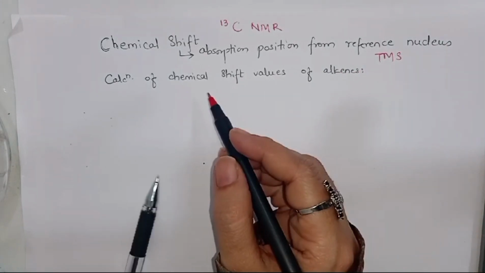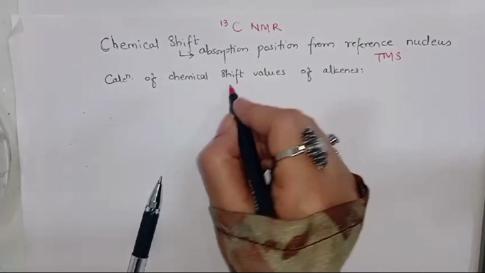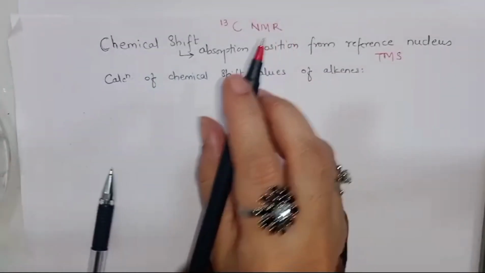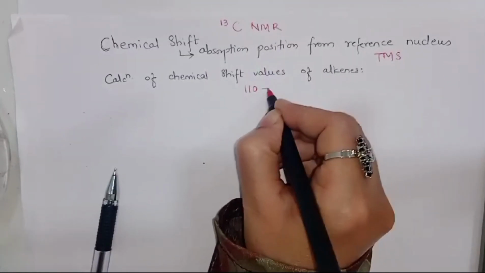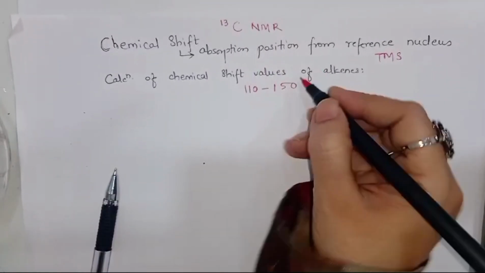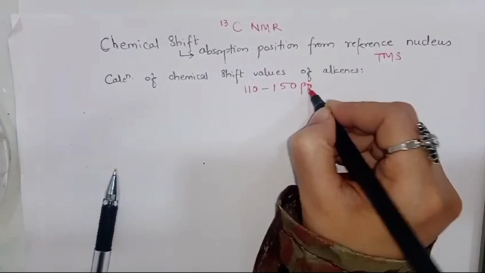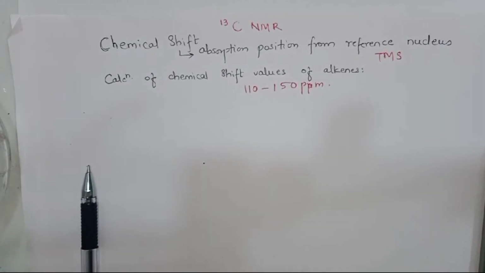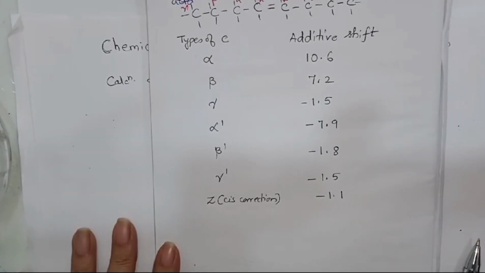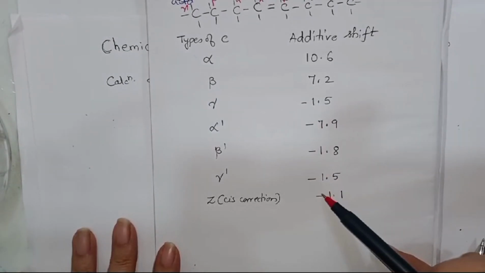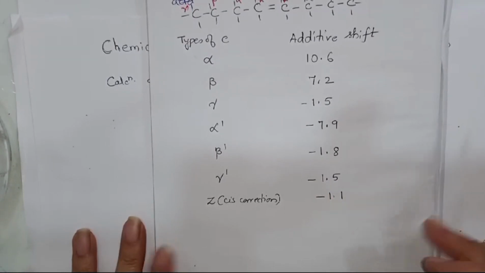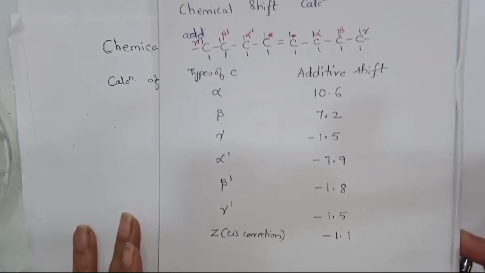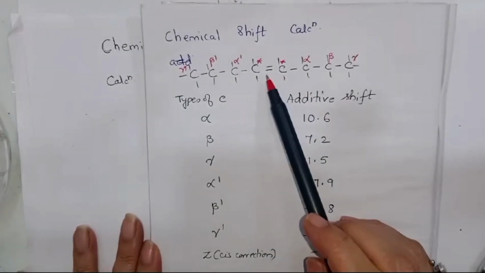So you can say the normal range of chemical shift is around 110 to 150 ppm. These are all the values that we will be using. Now how do we do it for alkenes?